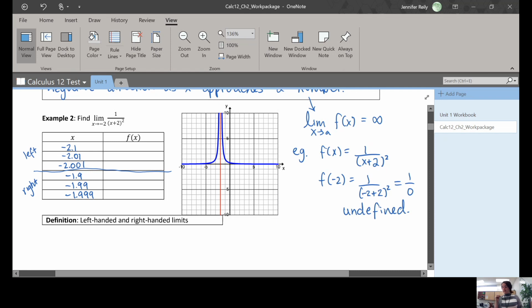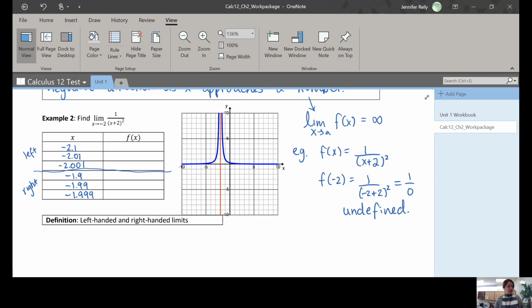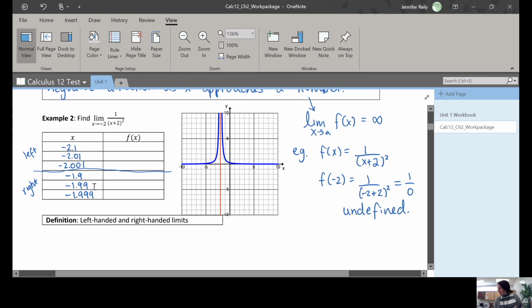So again, a little bit tedious to plug in. Later in the unit, we're going to have other methods to solve these limits. But for now, you just need to plug in your calculator. And I've already done it for you.